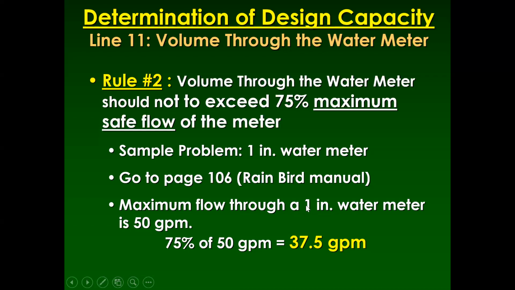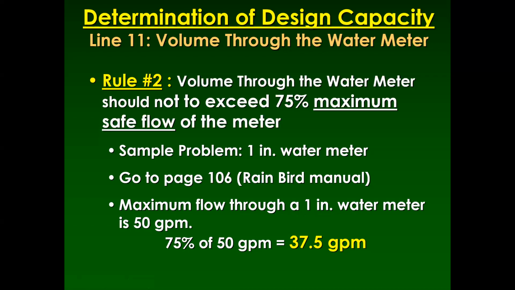Does everybody see where I got that number from? So that was just a 75 and 50. Yep, it's basically that 50 gallons per minute, because at our pressure loss at 50, we're at 15 PSI loss.